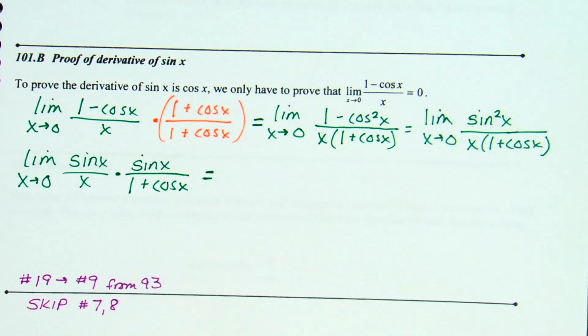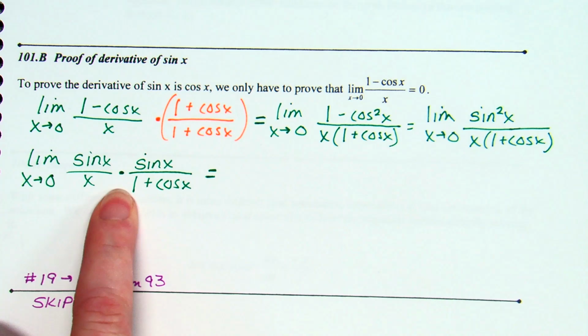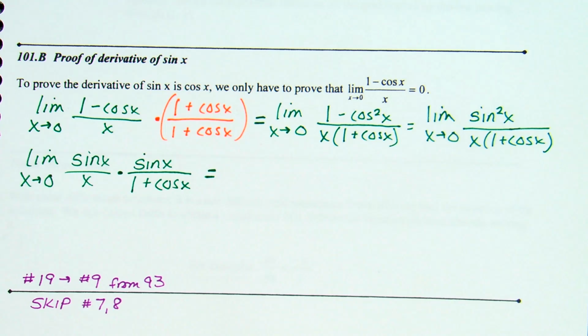Now, officially, I'm doing proper notation here. If we go back to limit rules, which I have to say correctly here, the limit of the product is equivalent to the product of the limits. Right now, this is the limit of a product and is equal to the product of the limits, which means I can break this into two separate limits.